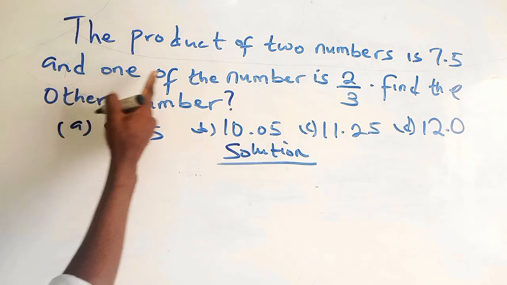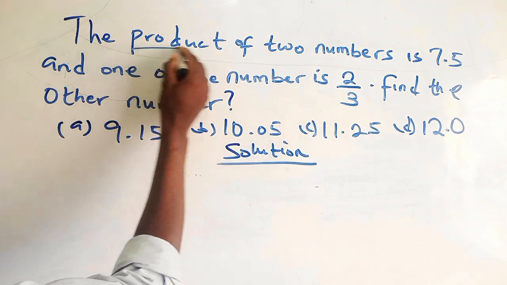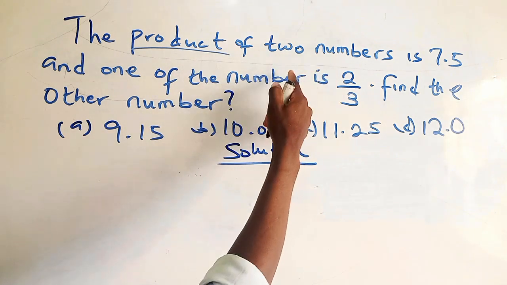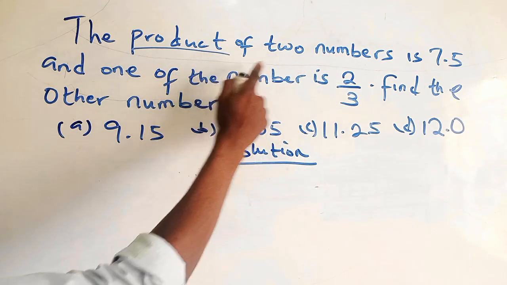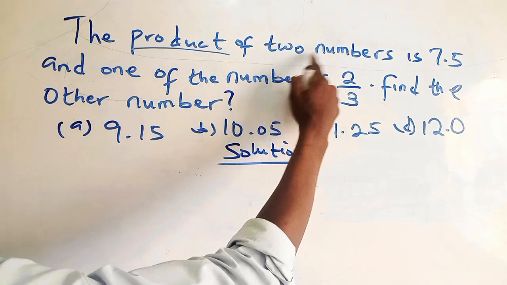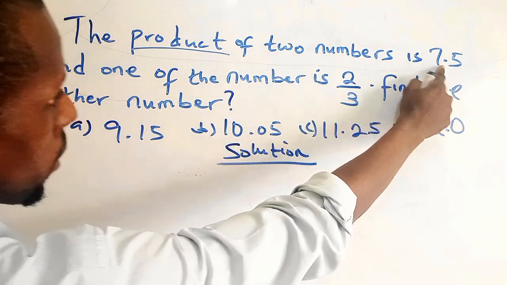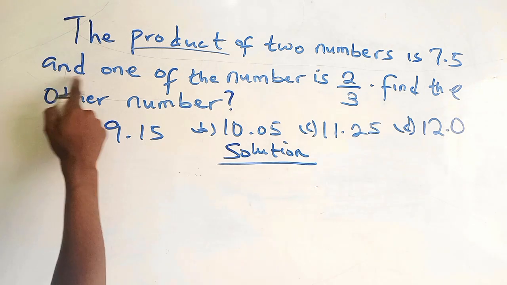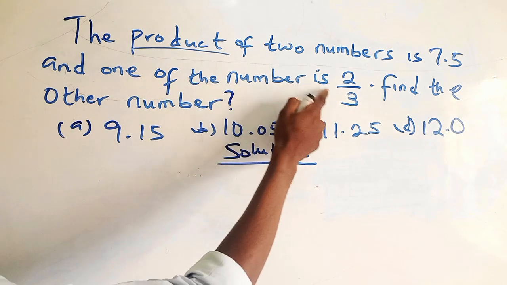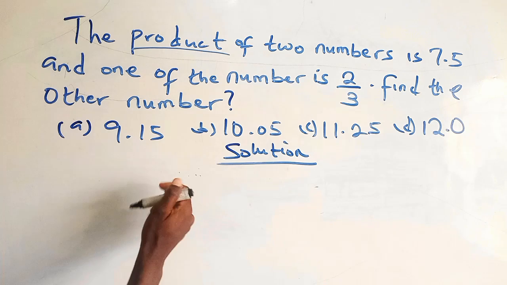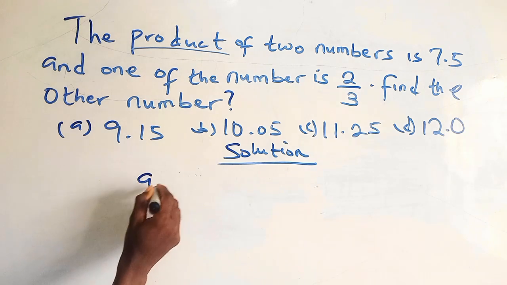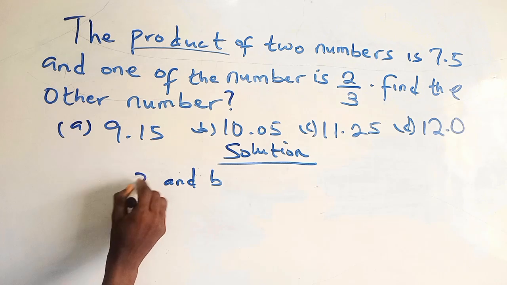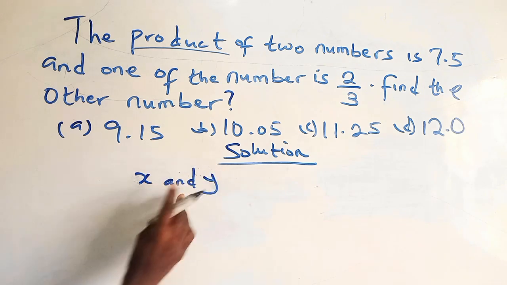Here the product of two numbers has to do with multiplication. We don't know the numbers, but when we multiply them together, we have 7.5. The question further says one of the numbers is 2 over 3. So let us say X and Y are the two numbers.